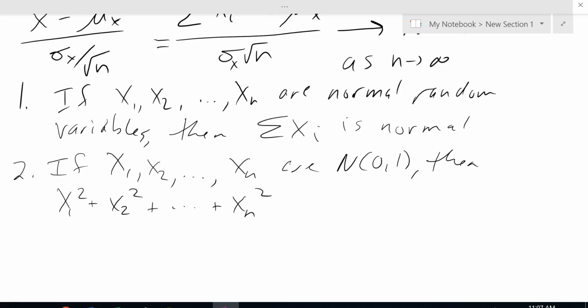Yeah, it's chi-squared on how many degrees of freedom? 10. Good. When we square a standard normal, we get a chi-square on 1 degree of freedom. When we add chi-squares, we get a chi-square, and it adds the degrees of freedom. So when you square standard normals and add n of them together, you're going to get chi-squared of n. Okay.